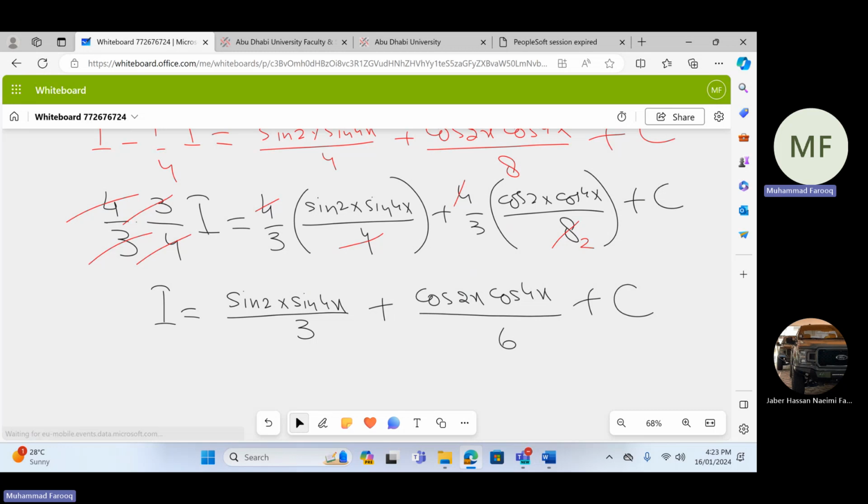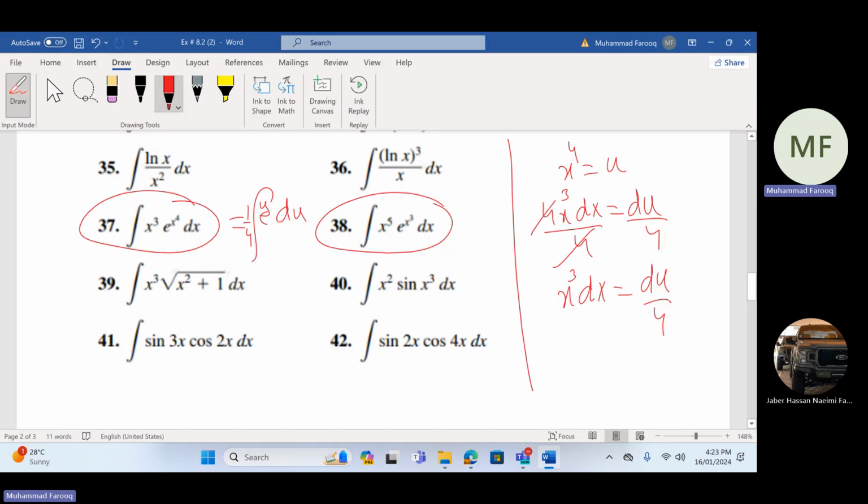So 41 and 42, same pattern question. Same pattern. I answered 42. So please, when you go back home, you must try 41. Same technique.